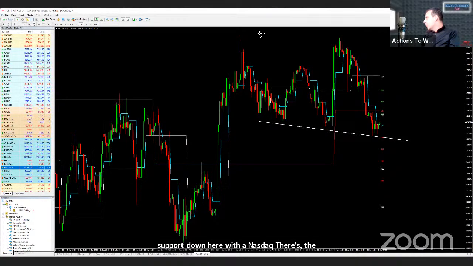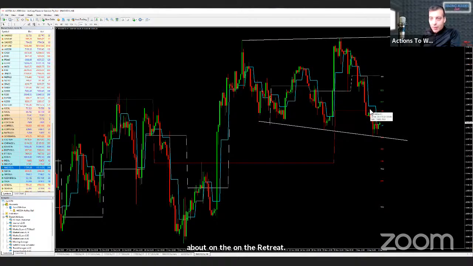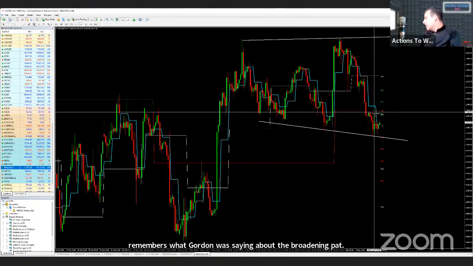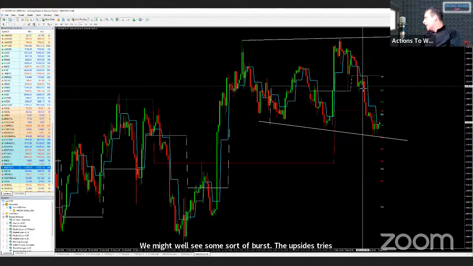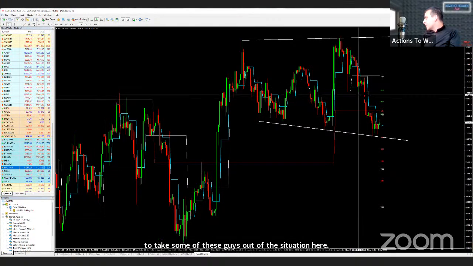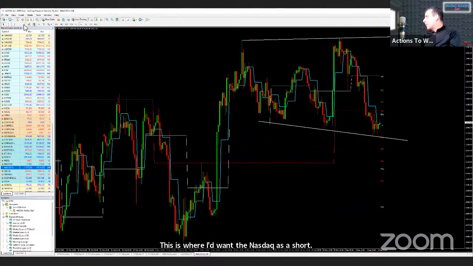This is a broadening pattern, which Gordon was talking about on the retreat. Anybody that remembers what Gordon was saying about the broadening pattern, we might well see some sort of burst to the upside to try and take some of these guys out of the situation here. This is where I'd want the Nasdaq as a short. I don't think this is the right place to go short.